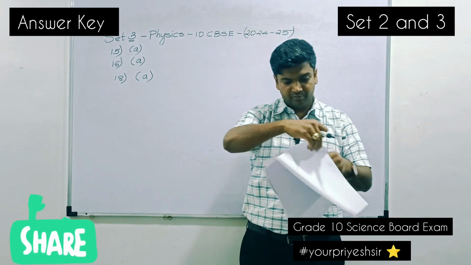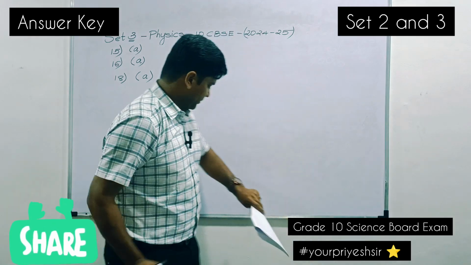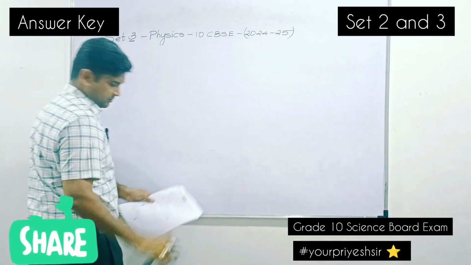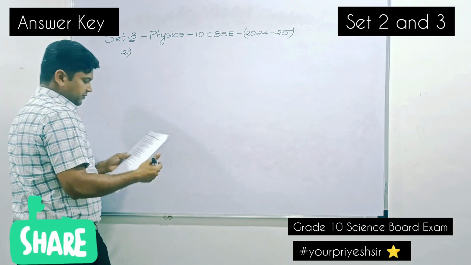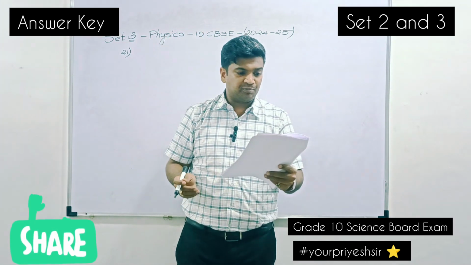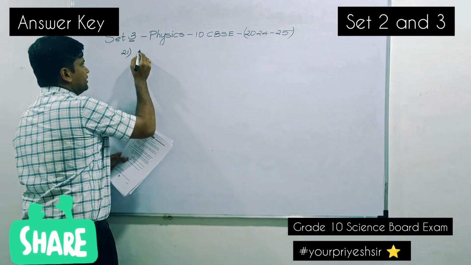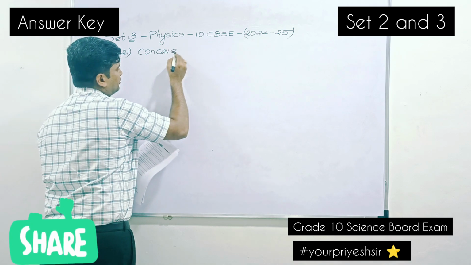Now we move on to Section B. Okay, pay attention to the board for the 22nd question. Sorry, my bad, 21. It's physics, 21. An object is placed at a distance of 10 in front of a concave mirror. Again I'll put the heading, concave mirror.